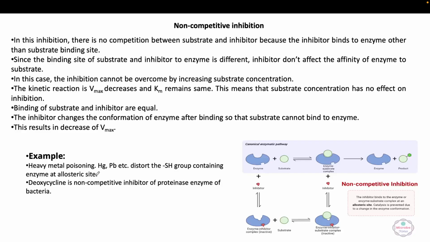In heavy metal poisoning, the SH group containing enzyme at the allosteric site will be distorted. Because conformational changes happen, if the SH group is not there, then the substrate won't bind to the enzyme, and it can't be converted to product. So this is the non-competitive inhibitor.